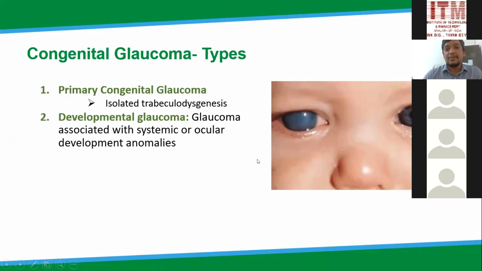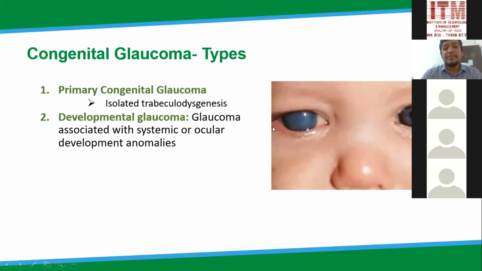The second glaucoma that we see in children is developmental glaucoma. Just to clarify again, whenever I say glaucoma, the first and foremost thing you will see is increased intraocular pressure, and most of the time I'm talking about increased intraocular pressure.